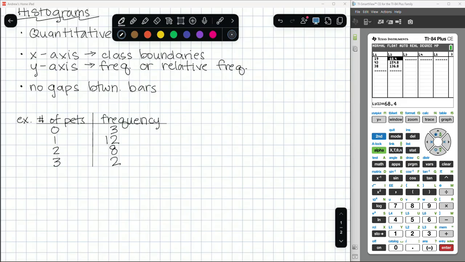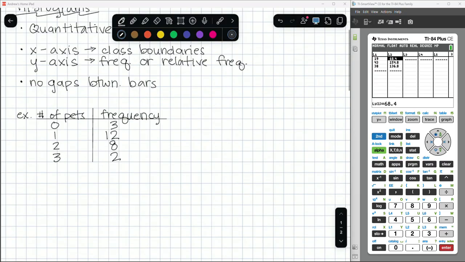So for histograms, each number should have some width. So I'm going to come back here, and this is my class. I need class boundaries. And to find class boundaries, I'm always going to go to this number that I start with, and I'm going to go half a step below.